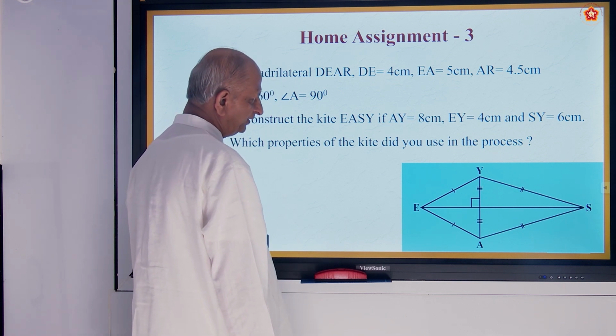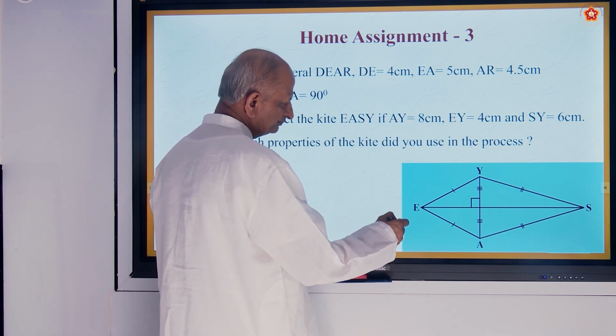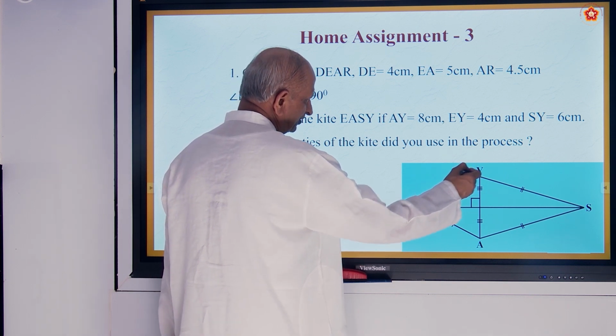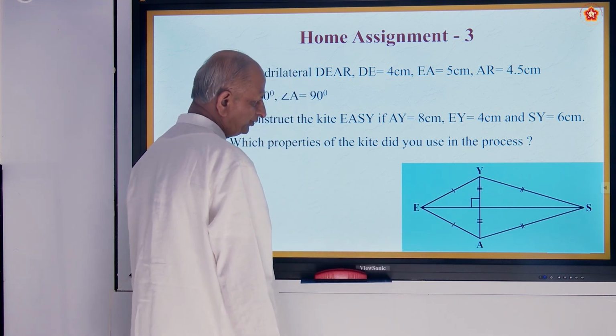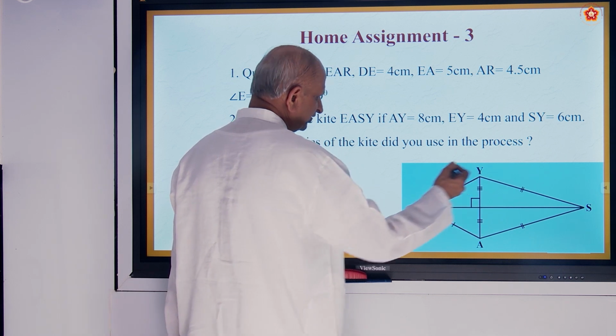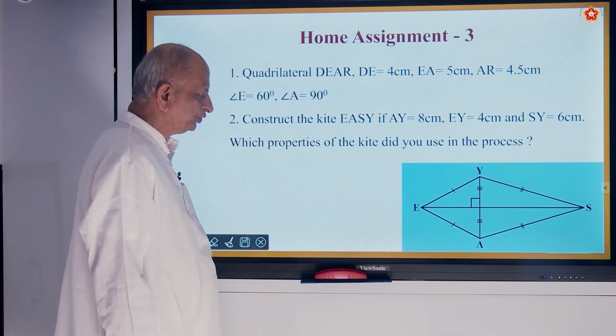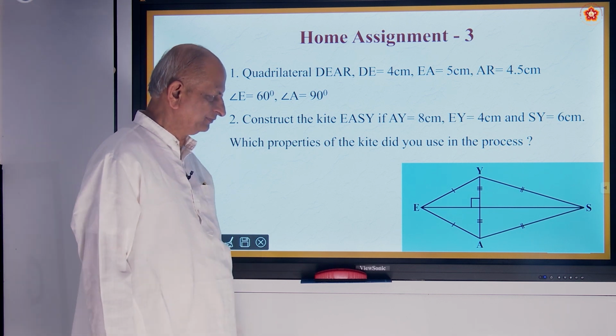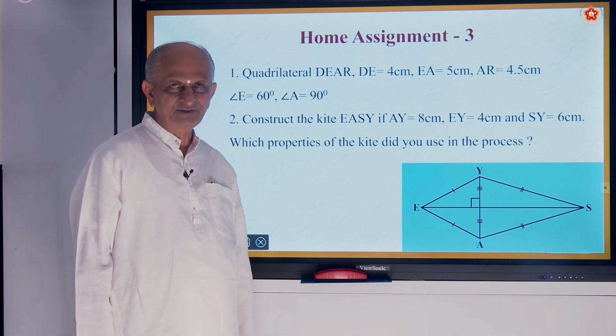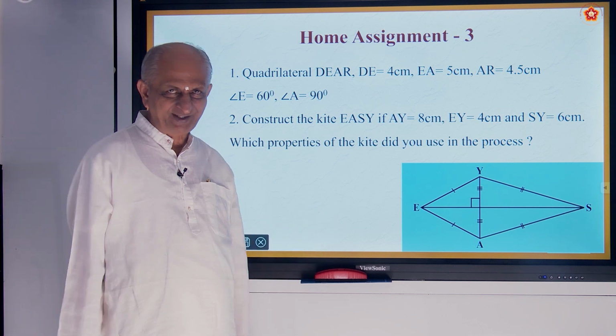And then you are given EY, one side, 4 centimeters. And also you are given SY, 6 centimeters. Which properties of the kite did you use in this process? There is a question. Try to come prepared with the answers.